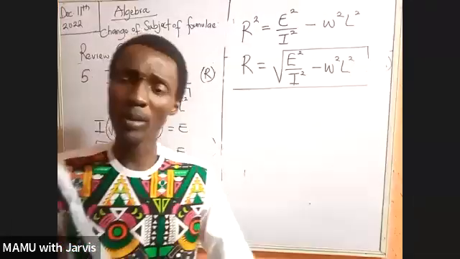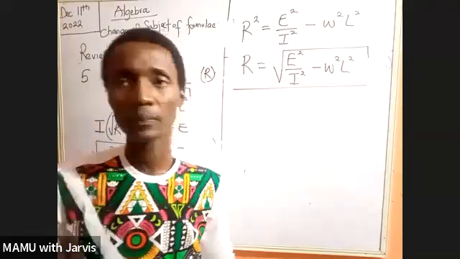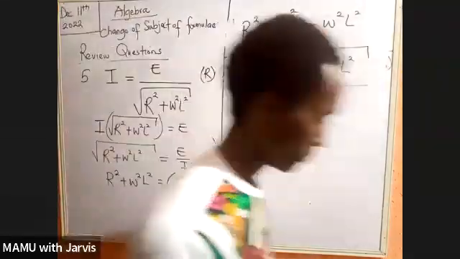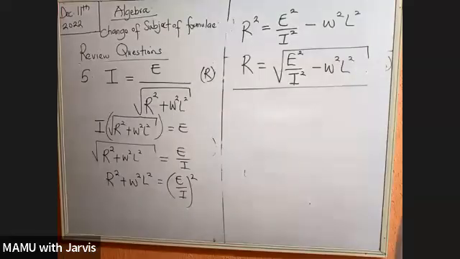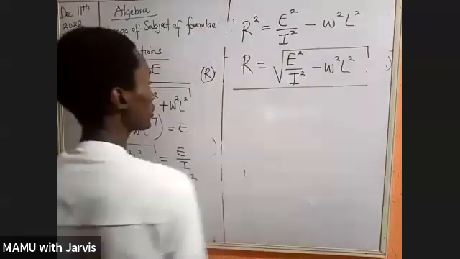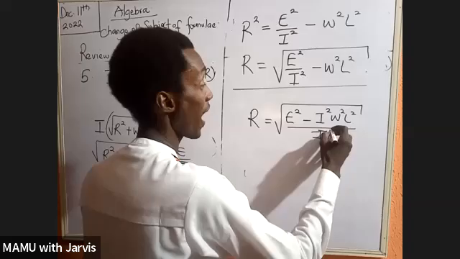So sometimes you see the problem looking big, but they are just big for nothing. Wait. I got something completely different from what you got, but I think it's going to be the same thing. I got R equals radical E squared minus I squared W squared L squared over I. Over I squared.